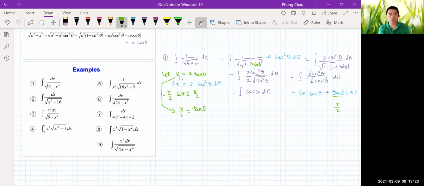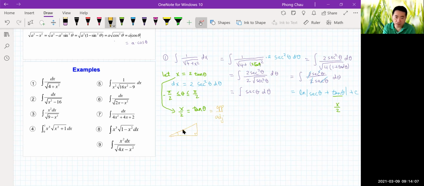Well, from here, we're going to use what we call the drawing right triangles technique. So let me draw the right triangle, and this is your theta. Now, I'm constructing this right triangle satisfying this trig ratio. You see, tangent is x over 2, right? Tangent we know is opposite side over adjacent side.